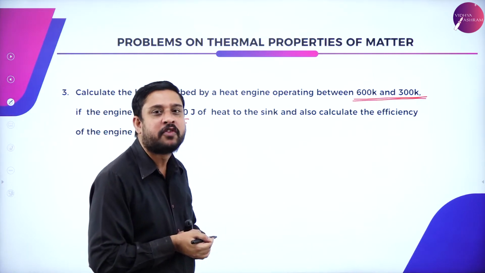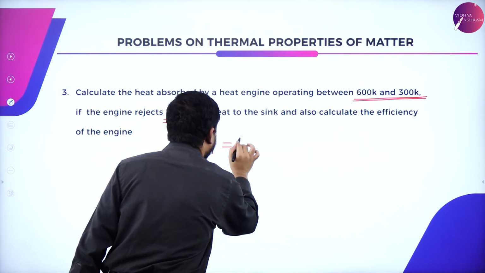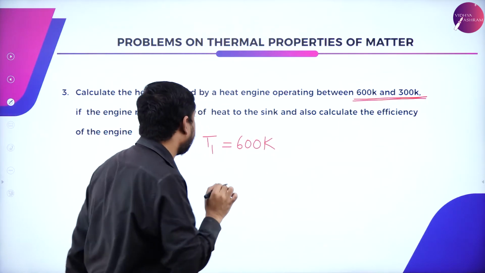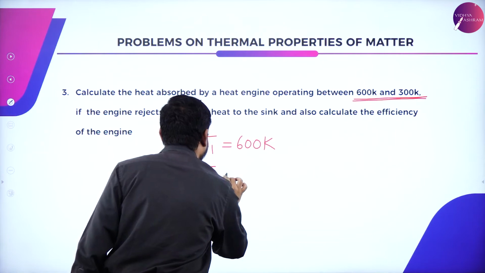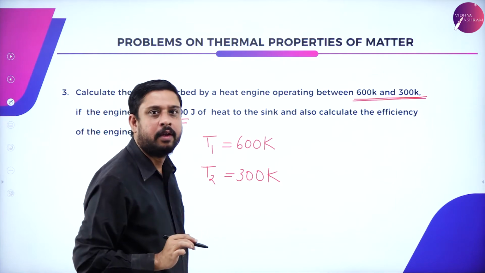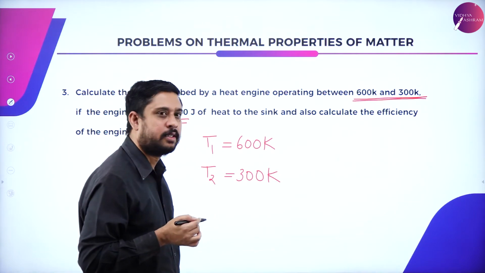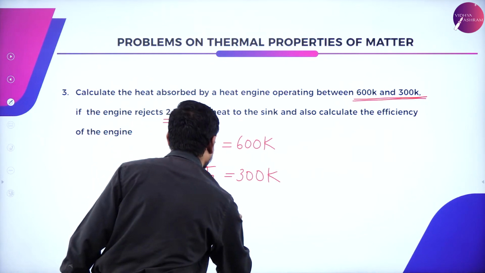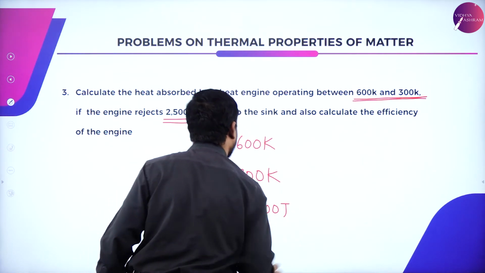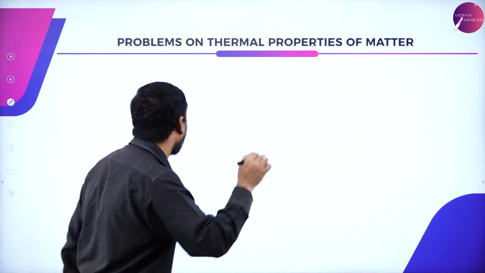Calculate the efficiency of the engine. Now, T1 directly in terms of Kelvin, 600 Kelvin, T2 300 Kelvin, amount of heat rejected, that is Q2, is 2500 joules.